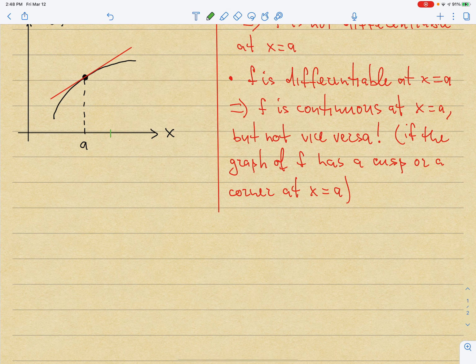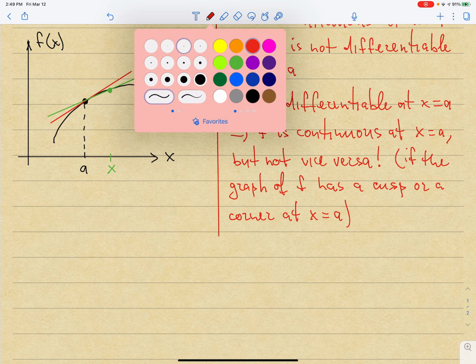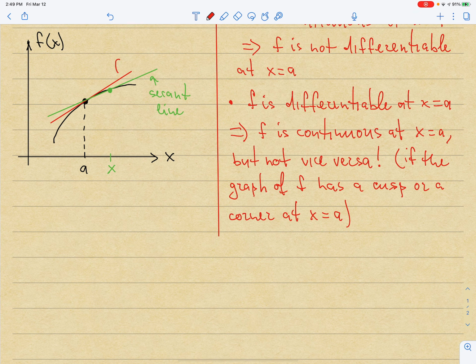You would consider a different point x away from a, and then through f of a and f of x, you draw another line, like so. So green is a secant line, and red, again, is a tangent line.